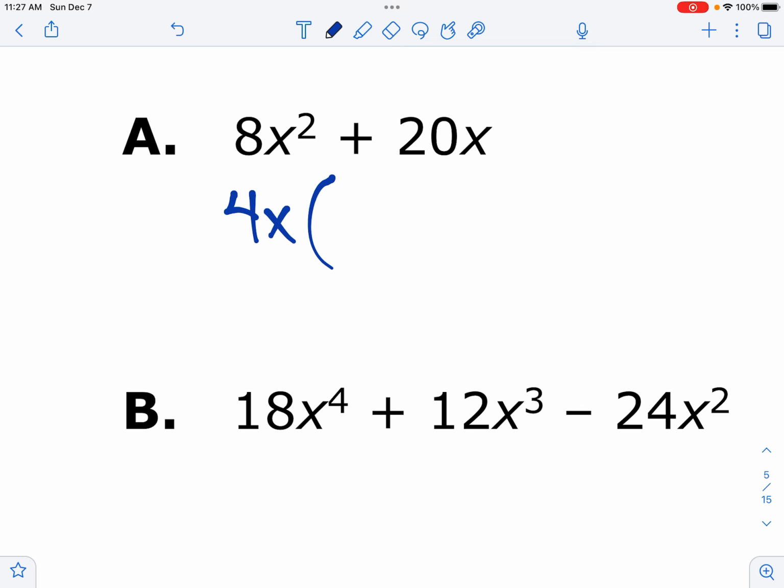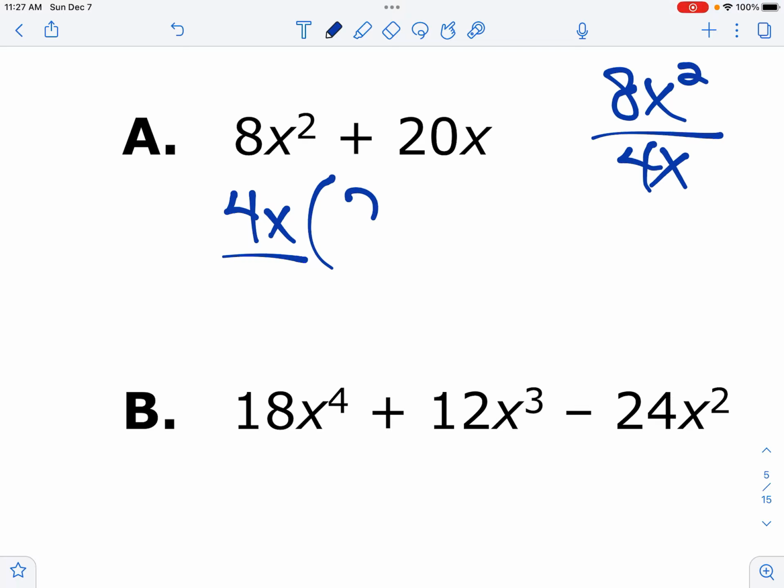Now I just need to figure out what goes inside the parenthesis here. So I'm really working the distributive property backwards. That's really what factoring is. It's still the distributive property. So I'm saying 4x times what gives me 8x squared? Or another way to think about that is 8x squared divided by 4x gives you what?